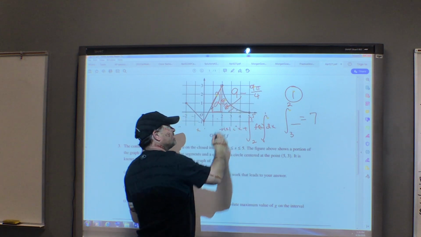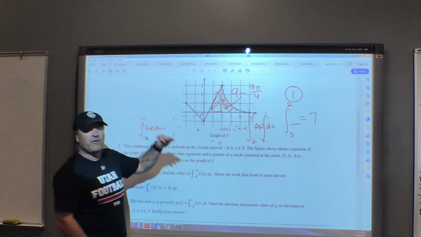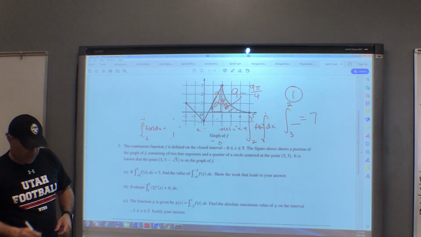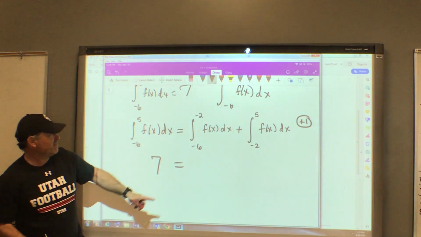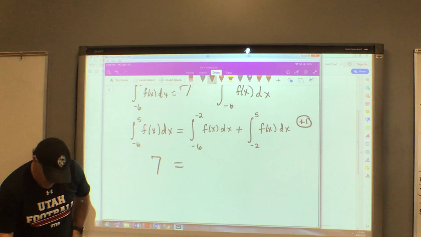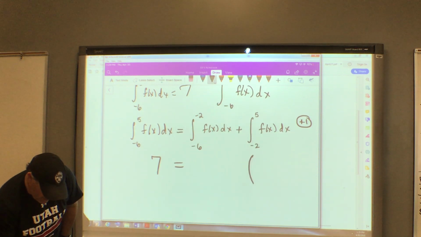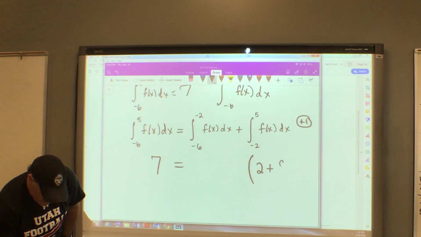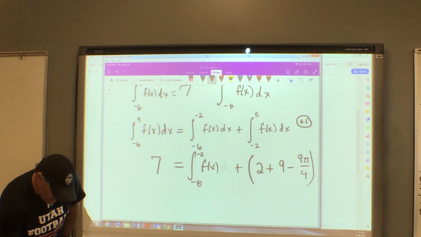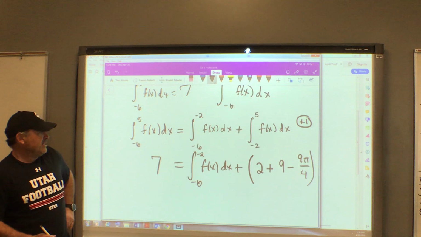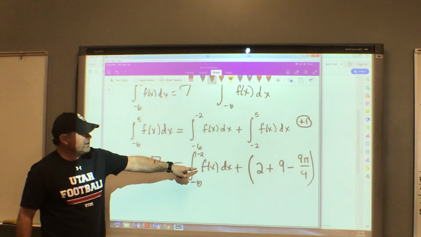So that represents that area. Now they're both above the x-axis, so we could come back to this and say that from -2 to 5 is going to be, I believe I had 2 plus 9 minus 9 pi over 4, and this is the integral of -6 to -2 of f of x dx. And we're really close.